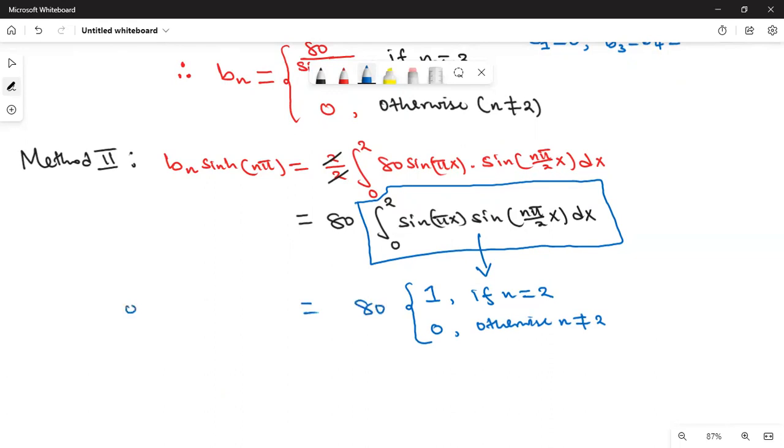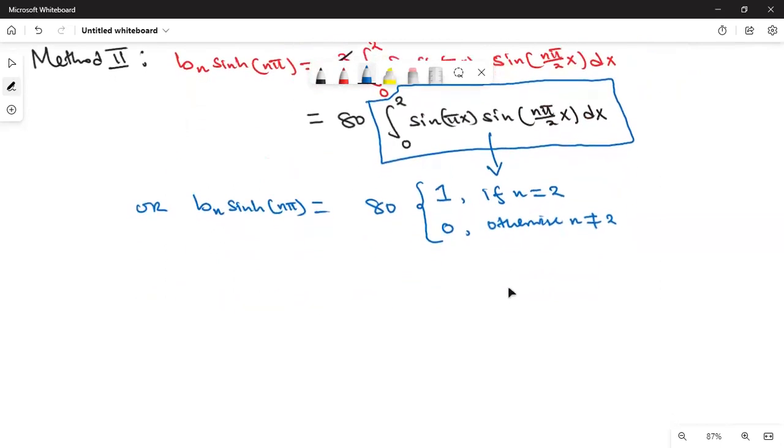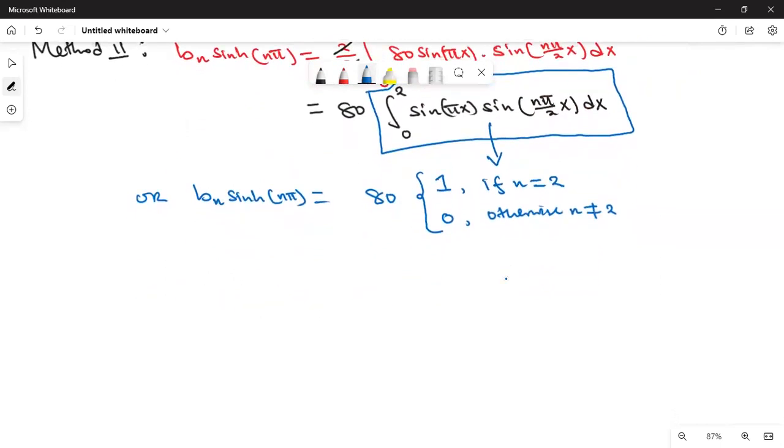And remember, on the left hand side we had Bn times sine hyperbolic of n pi is equals to that. So you can now make Bn the subject. Therefore, from here, you get that Bn is equals to 80 over sine hyperbolic of n pi.